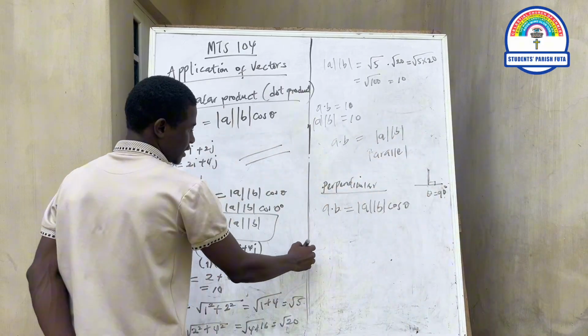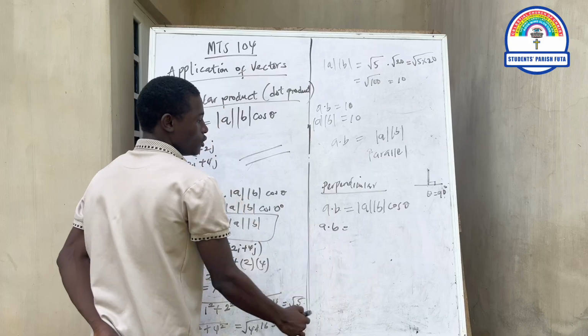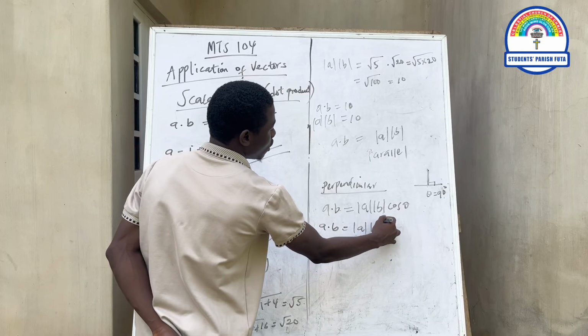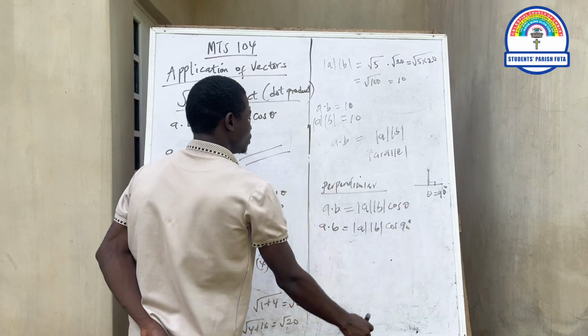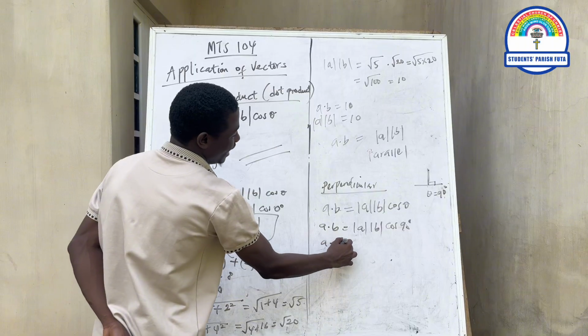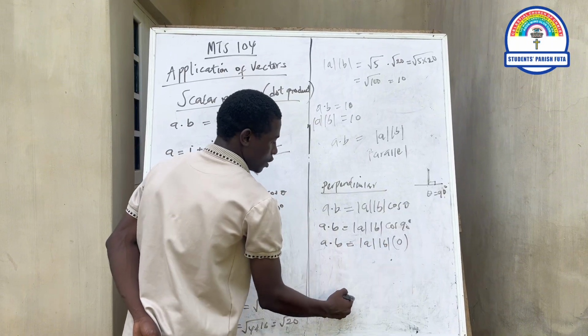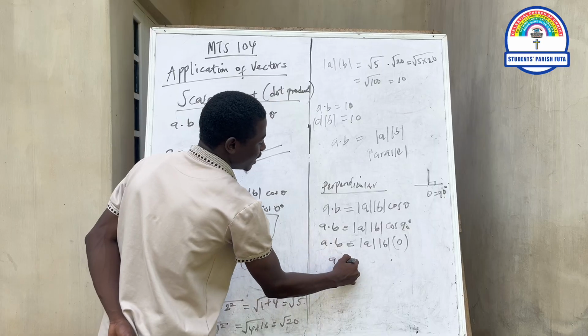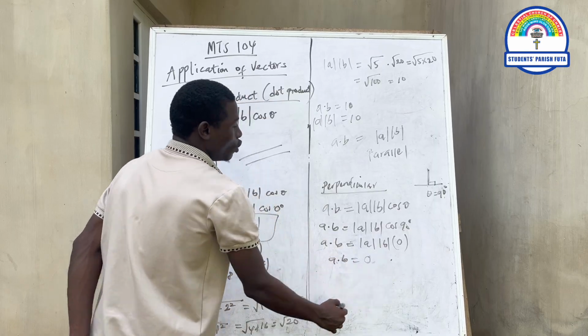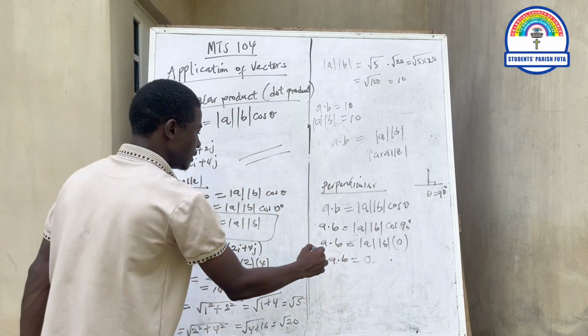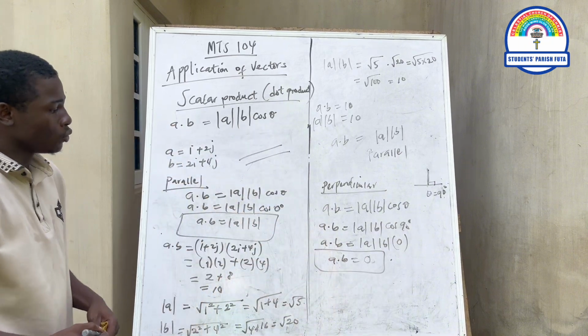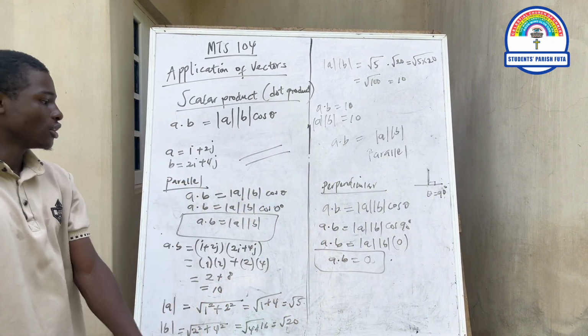Now let's put that into this formula. You have A dot B equals modulus of A times modulus of B times cos 90. If you check from your calculator, cos 90 is 0. So A dot B equals modulus of A times modulus of B times 0, and this 0 will definitely make everything 0. So to know if two vectors are perpendicular, their scalar product has to give you 0.